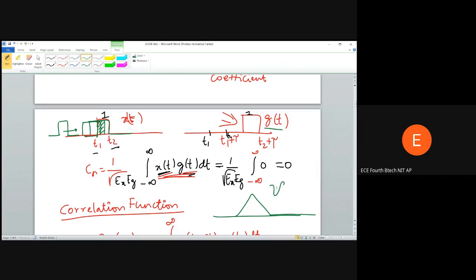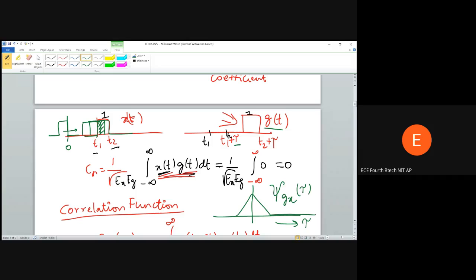This is psi g x of tau, and the most important thing is that this is a function of tau, and where the peak value is going to occur. Suppose this is the 0th position, from 0 to t1. Because tau is a right shift, let us assume it is going to have a right shift at t.